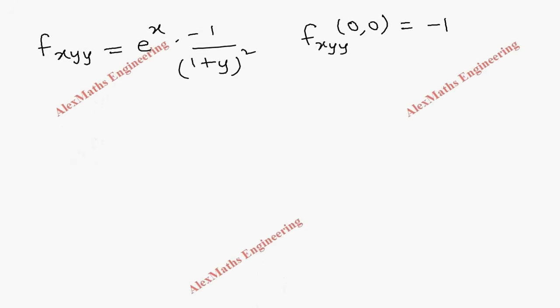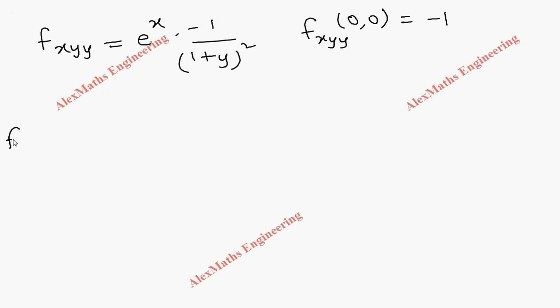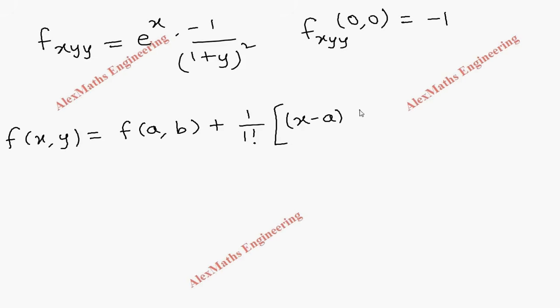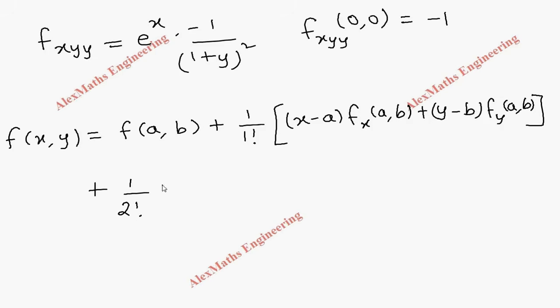Now we are going to write the Taylor series expansion formula. f of x comma y equal to f of a comma b plus 1 by 1 factorial into x minus a fx of a comma b plus y minus b fy of a comma b plus 1 by 2 factorial.